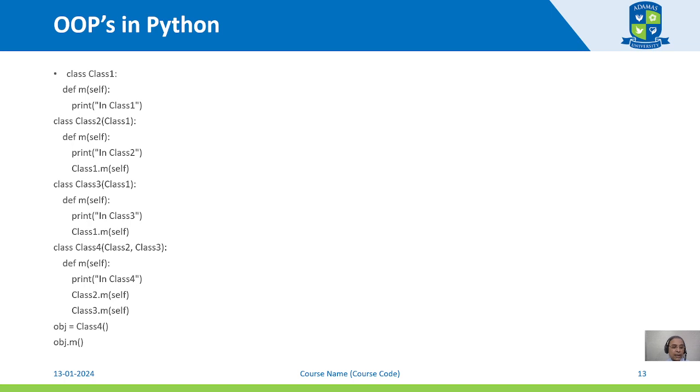So in this way it will call first the class 2 m method, then the class 1 m method, then the class 3 m method, then the class 1 m method. So it will be the output. And if we would have given super.m, then it would have called directly class 1, because class 1 is the superclass.